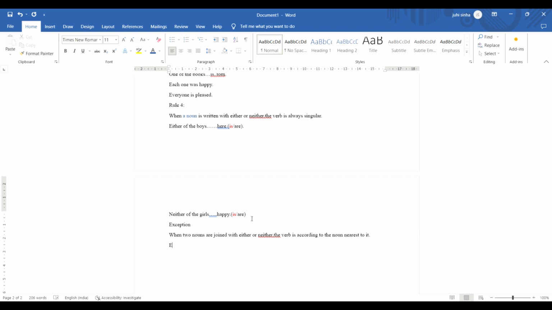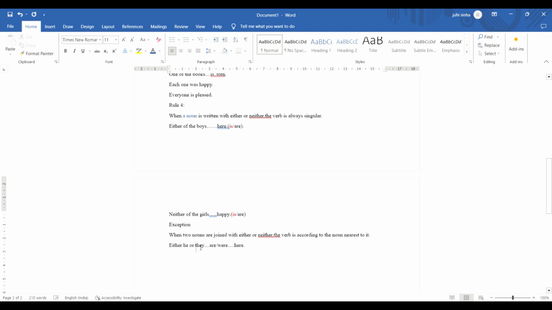Now what do I mean by nearest to it? Let's see. Either he or they dash here. My verb will be filled in the blank just near the pronoun they.